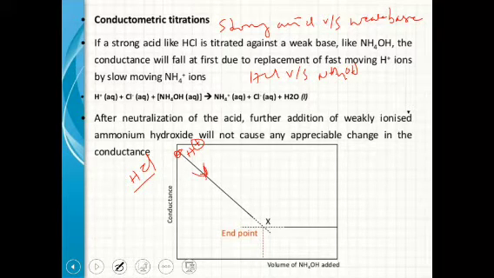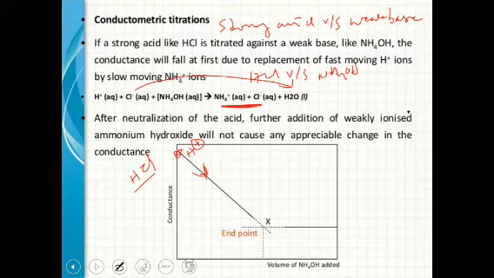There is a gradual decrease in the conductance value because if you add ammonium hydroxide to the HCl, the H plus ions are replaced by the low mobility ammonium ions, giving ammonium chloride, and the H plus ions react with the OH minus ions and convert to H2O.